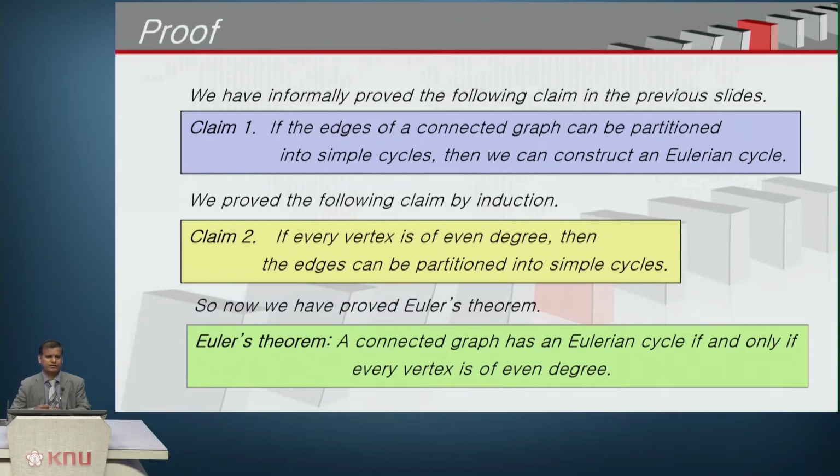Claim 1: if the edges of a connected graph can be partitioned into simple cycles, then we can construct an Eulerian cycle. We have done that in the previous lecture. If every vertex is of even degree, then the edges can be partitioned into cycles. Euler's theorem basically states the same: a connected graph has an Eulerian cycle if and only if every vertex is of even degree. That's where we started off, the Eulerian theorem.